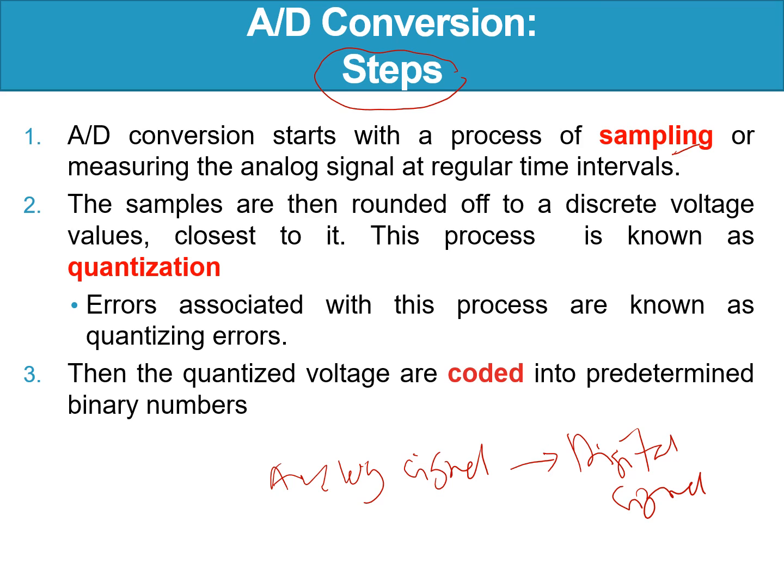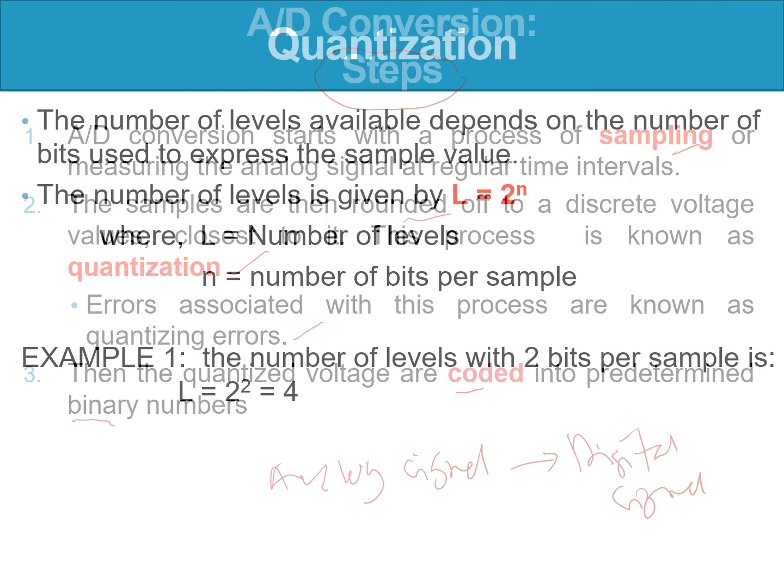Next, the samples are rounded off to the discrete voltage value closest to them. This process we know as quantization, and the error associated with this process is known as quantizing error. Last, we code the signal to get the binary stream of numbers.